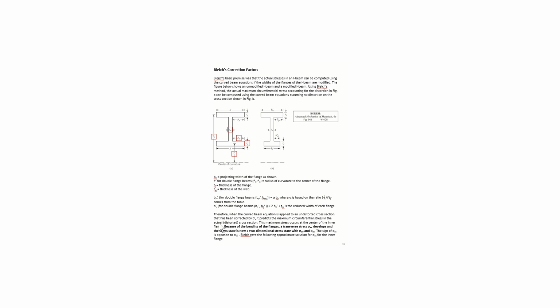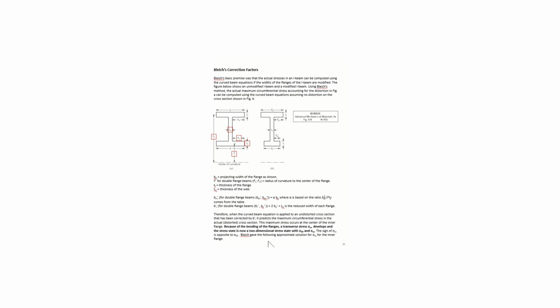It's important that we review this paragraph here. It says, when the curved beam equation is applied to an undistorted cross-section that has been corrected by BP or B prime, it predicts the maximum circumferential stress in the actual cross-section. And this maximum stress is at the center of the inner flange.